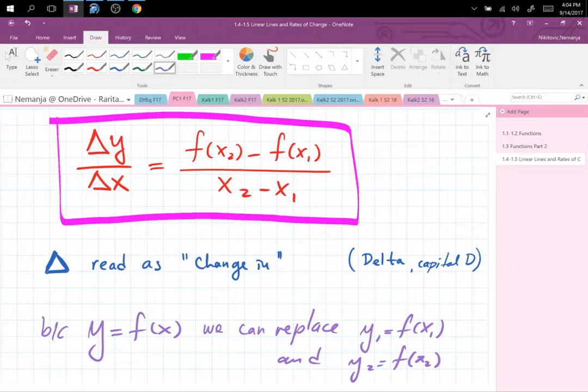You will never see a problem from Precalculus 1 where someone says, okay, your function is x squared. That doesn't happen, and it doesn't happen because we have computers today. Computers compute things. Your job is to model.